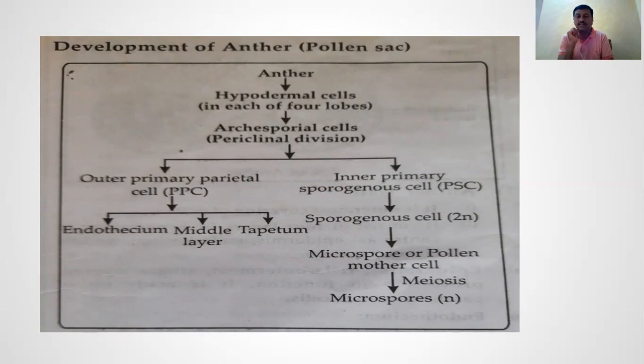These sporogenous cells are diploid, and they divide meiotically. Sporogenous cells are also called pollen mother cells or microspore mother cells, which divide meiotically to produce 4 haploid microspores or pollen grains.